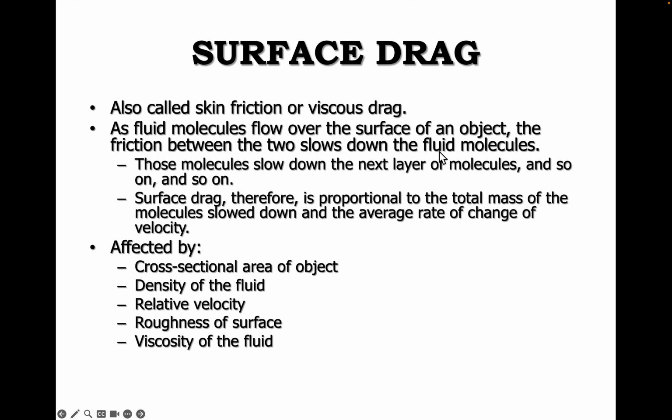Now, these fluid molecules that are directly against the surface of the object would slow down the next layer of fluid molecules, and the next layer, and the next layer, and so on and so forth. So surface drag, therefore, is proportional to the total mass of the molecules slowed down and the average rate of change of that velocity.